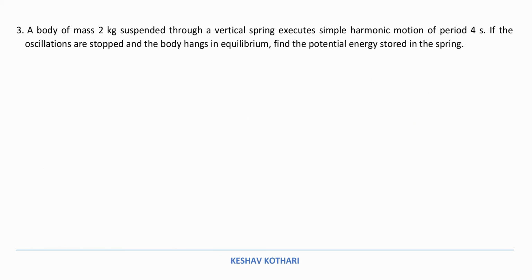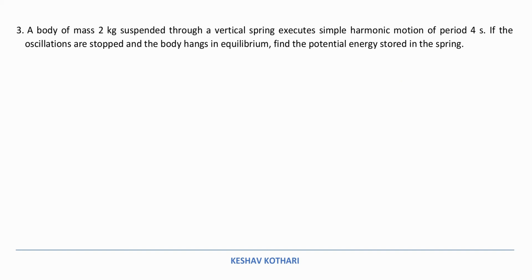The next problem is asking: a body of mass 2 kg suspended through a vertical spring executes SHM of period 4 seconds. If the oscillations are stopped and the body hangs in equilibrium, find the potential energy stored in the spring.